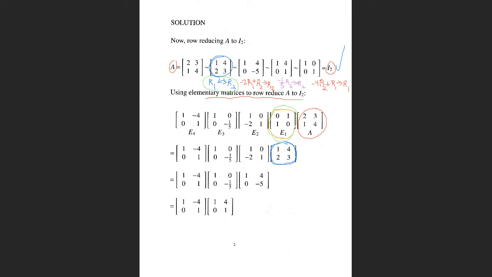Okay, let's look at the second elementary matrix, E2, that is equal to this matrix here. Well, if we took the identity matrix and multiplied the first row by -2 and added it to the second row, replacing the second row with that result, we would get this E2 elementary matrix.